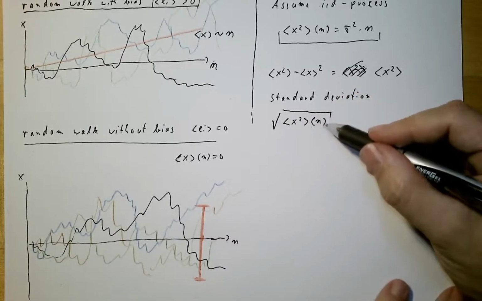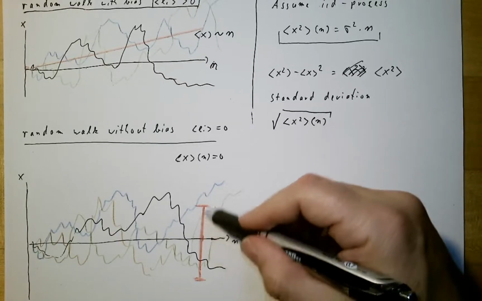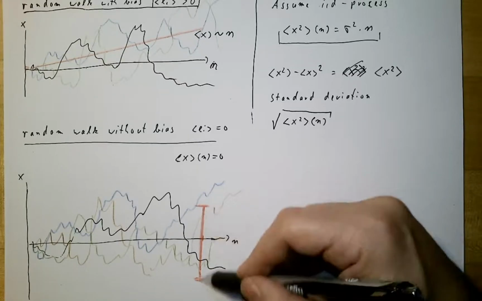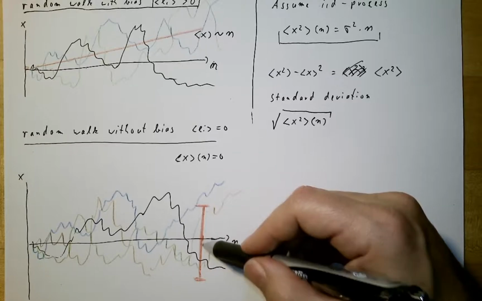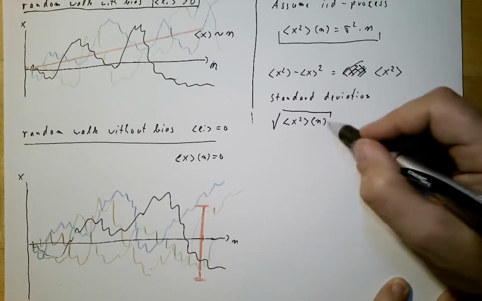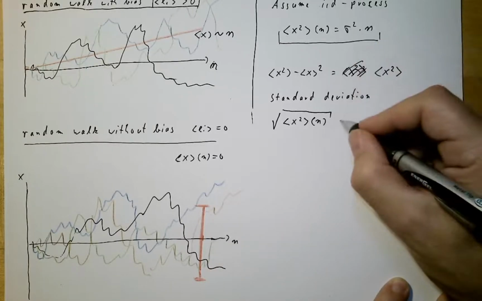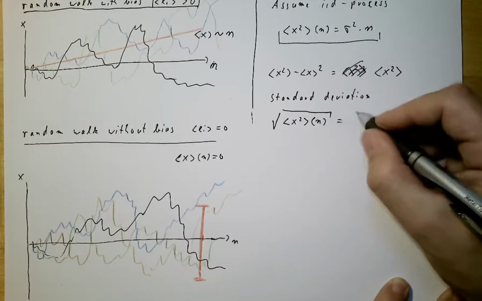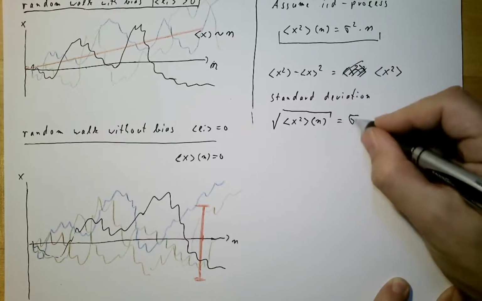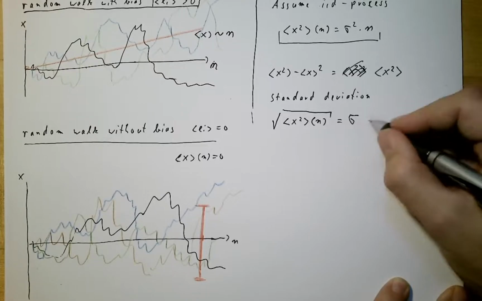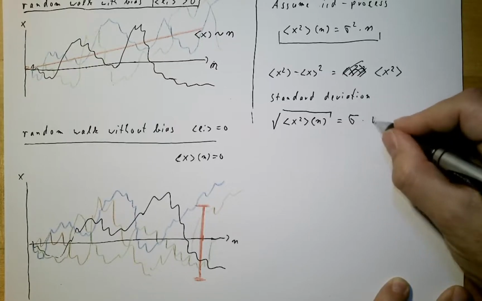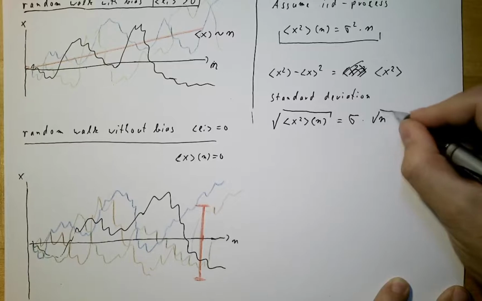And that's the typical deviation from zero that the walker will have. When we calculate this, we see this goes as the standard deviation of the increments times the square root of n.